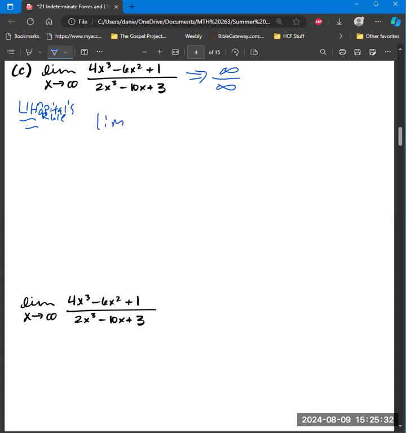I'm going to take the limit as x goes to infinity of 12x squared minus 12x over 6x squared minus 10. And this still is going to infinity over infinity. So we're going to use L'Hopital's rule again.